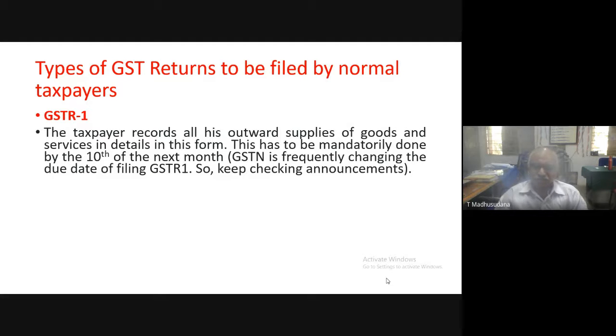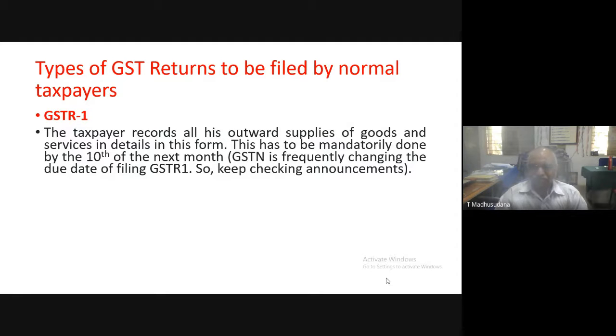So in GSTR1, the taxpayer records all his outward supplies. That means all his sales of goods and services are to be recorded in GSTR1. This has to be mandatorily done by the 10th of the next month.